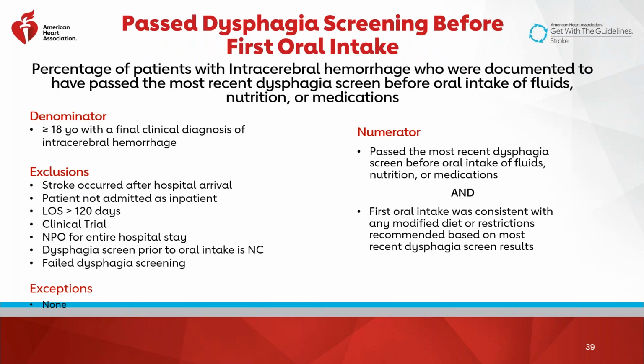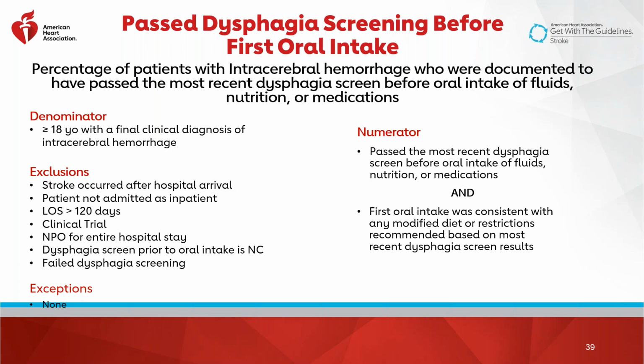And then the second dysphagia measure looks at percentage of patients with ICH who were documented to have passed the most recent screening before oral intake or fluid administration. And this has a two-phase numerator to it. So again, the standard exclusions we see over on the left-hand side, if the patient is NPO during the entire stay, they're excluded, or if the dysphagia screen prior to oral intake is contraindicated, and that's all defined in the coding instructions, or if they fail the dysphagia screen.